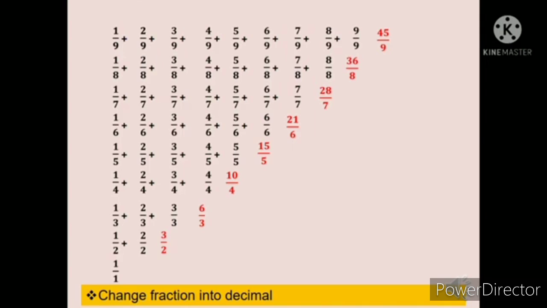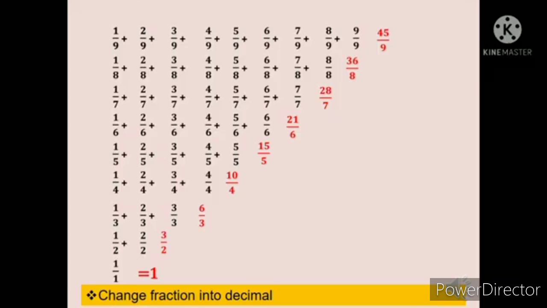So, change fraction into decimal. Kasi, decimal po ang sagot. So, paano nga ba mag-change ng fraction into decimal? So, ang gagawin lang po natin, ipag-divide po natin ang numerator sa kanyang denominator. So, ganito po siya. Mag-umpisa tayo sa 1.